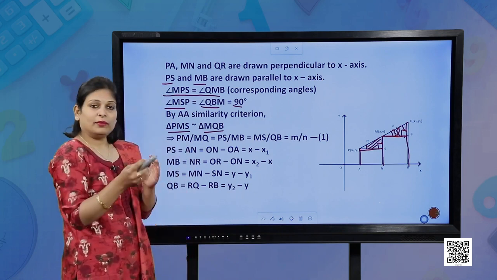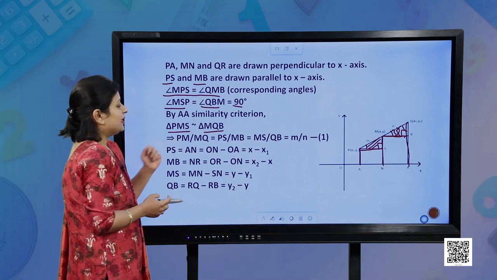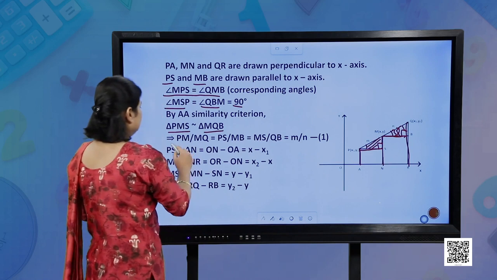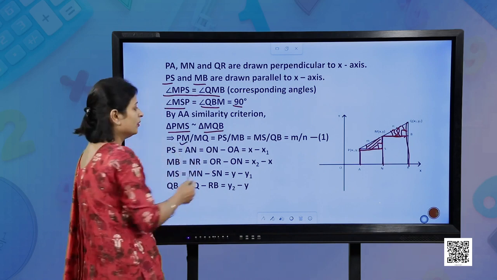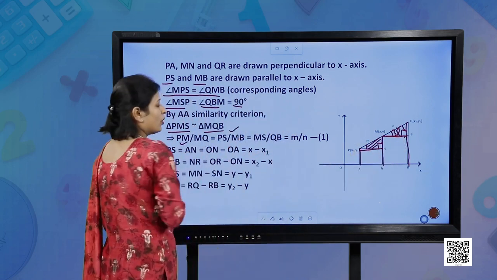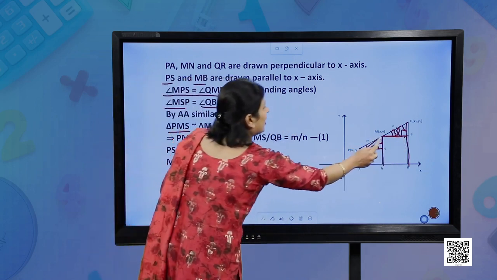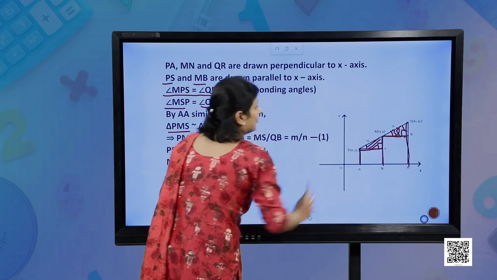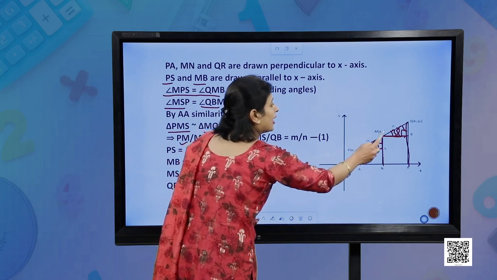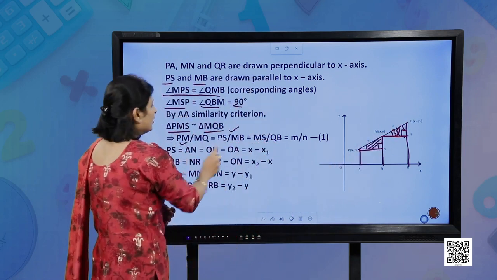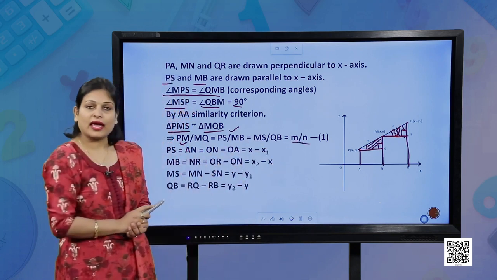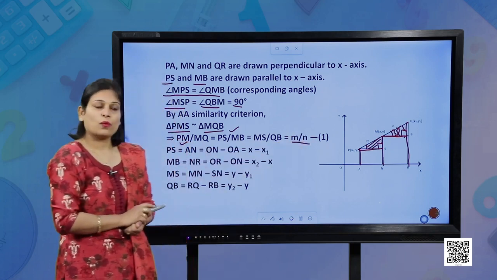So what will be the ratio of their sides? PM upon MQ will be equal to PS upon MB, which is also equal to MS upon QB. And I know that PM is m and MQ is n, so all the ratios of these sides will be equal to m upon n. Mark this as equation 1.